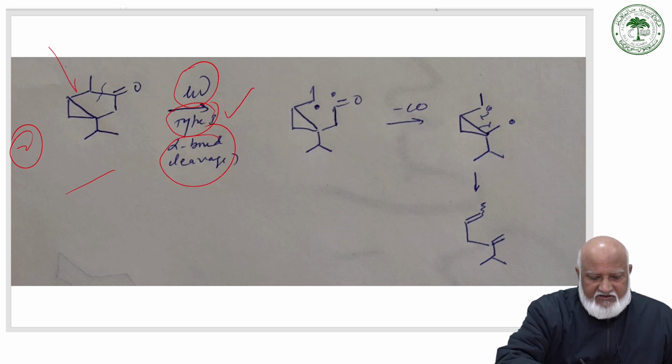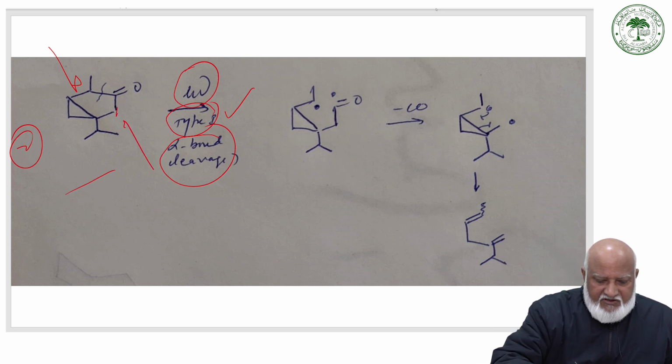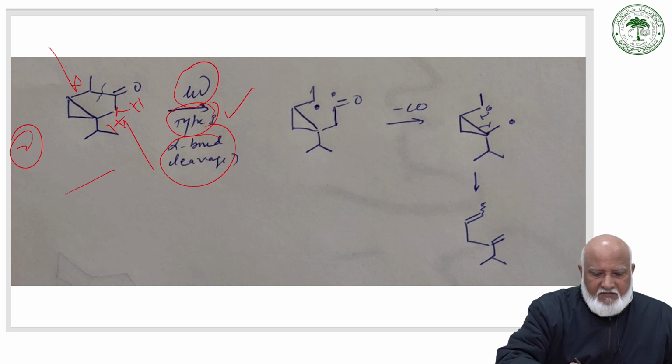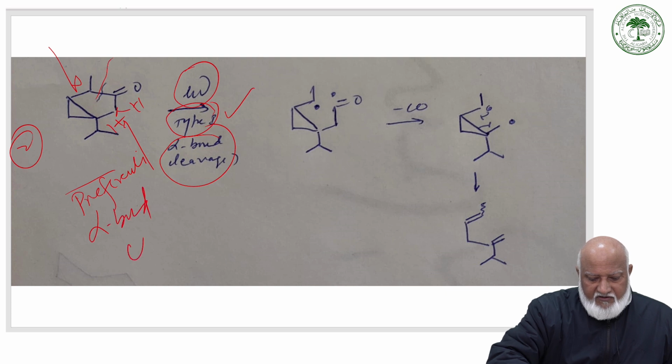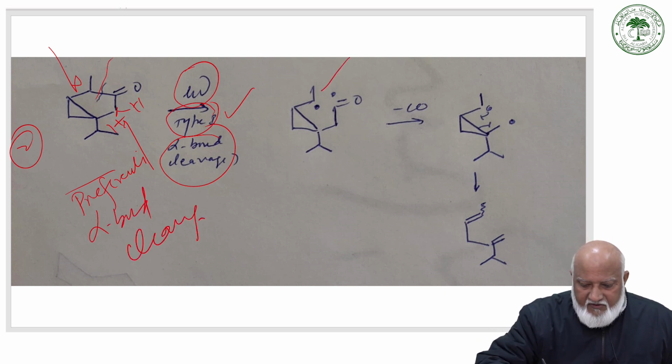We can see that this alpha carbon is methyl substituted, this one is unsubstituted with 2 hydrogens, and so preferential alpha bond cleavage will take place to give you a more stable radical.